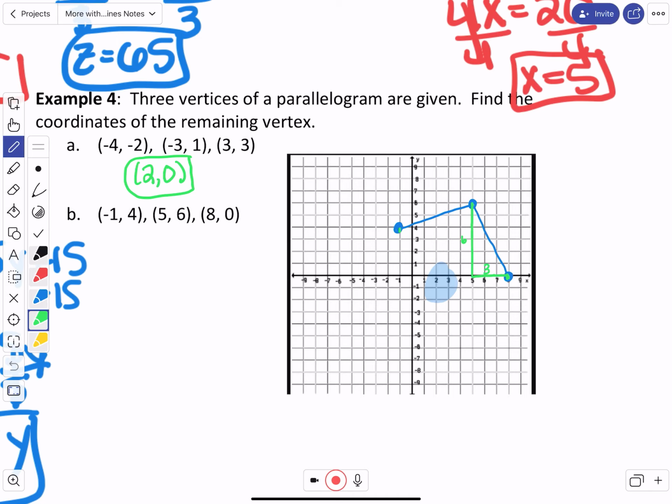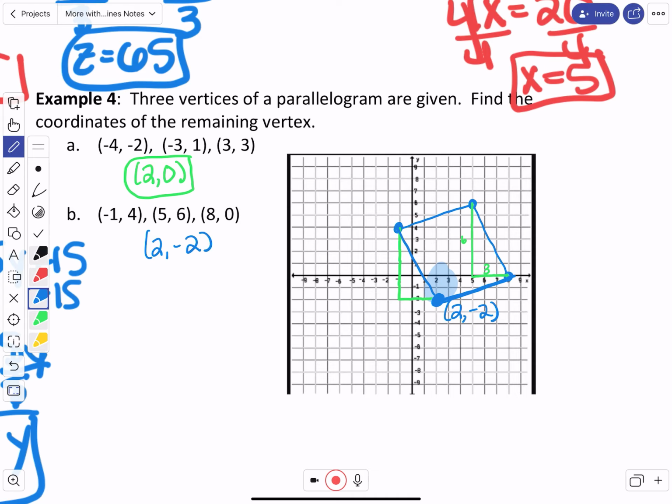So there's my new coordinates right here. So the coordinates are 2, -2. There we go. So there's my parallelogram. And that's how you would get your shape.